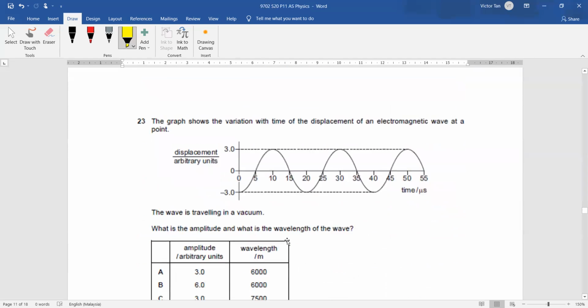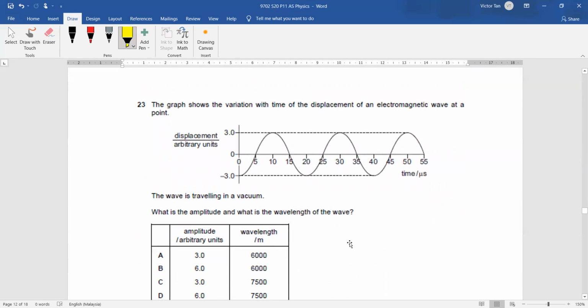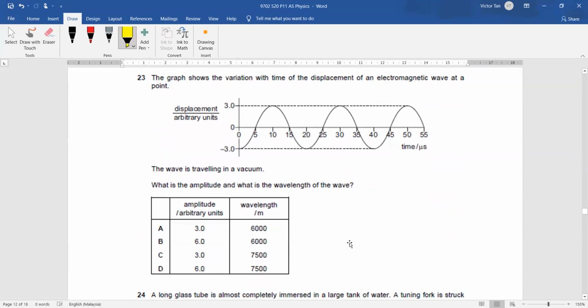The graph shows the variation with time of the displacement of an electromagnetic wave at a point. The wave is traveling in a vacuum. What is the amplitude and what is the wavelength of the wave? Amplitude is 3. Wavelength we have to calculate. T equals 20 times 10 to the power negative 6. v equals f lambda.